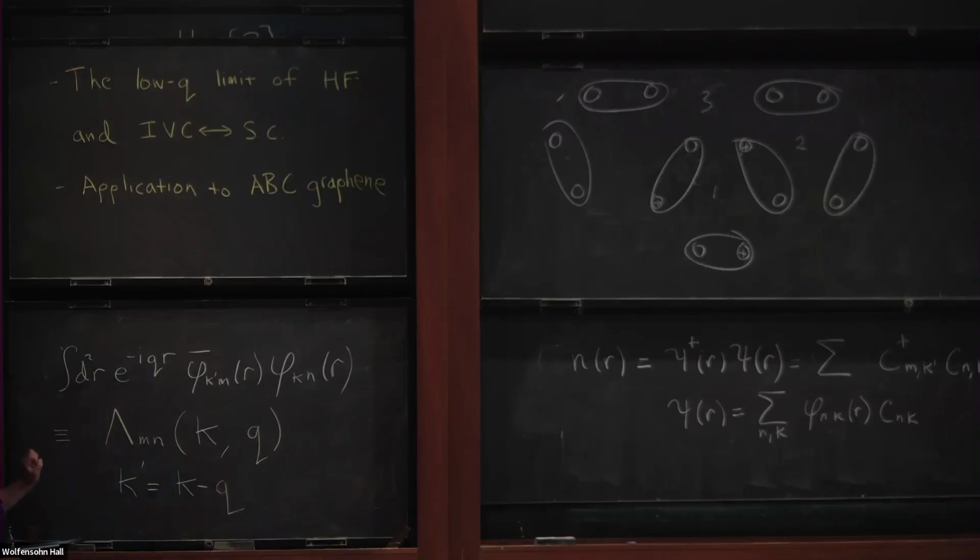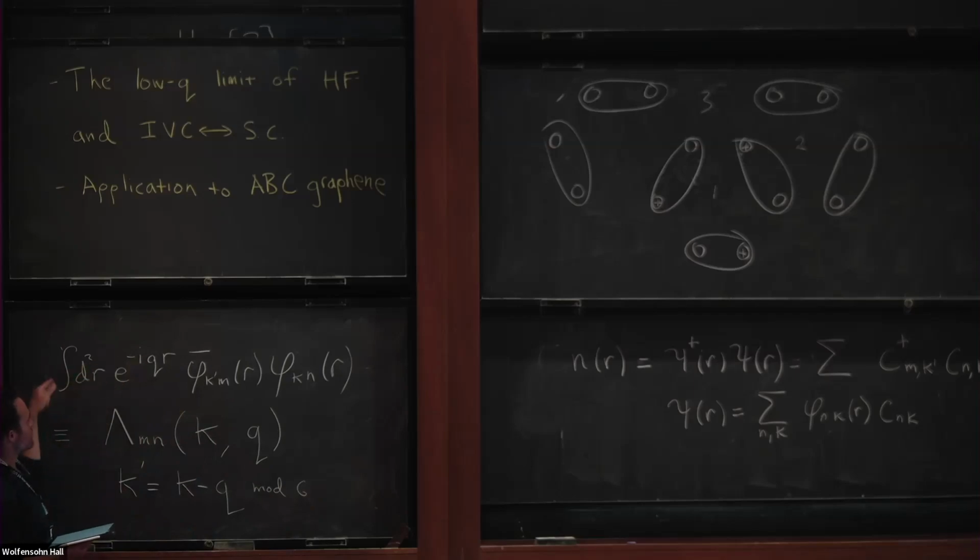So how do I know this? Well, when we expand these and integrate over all of space, you know that there must be a lattice momentum difference between k and k prime which is equal to q mod G, because momentum is going to be conserved, and the momentum of this operator is q.